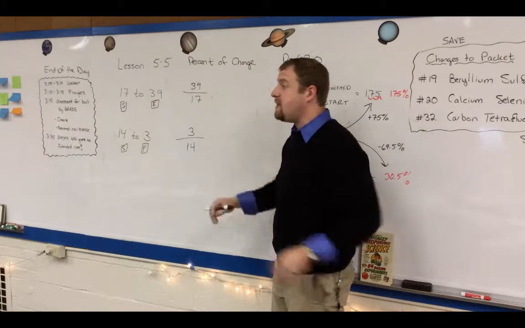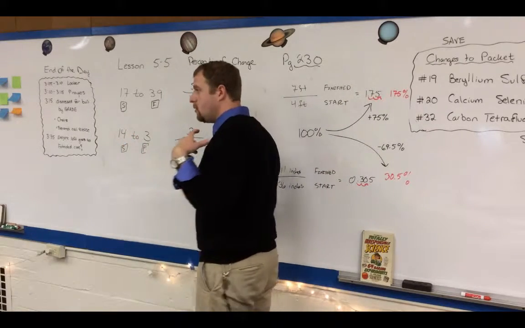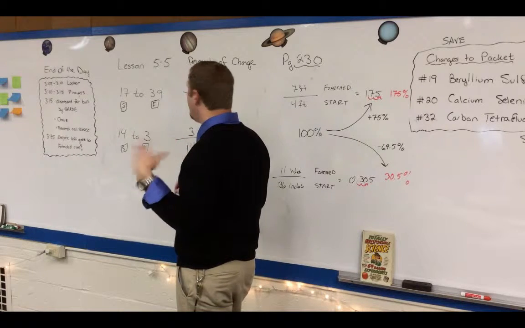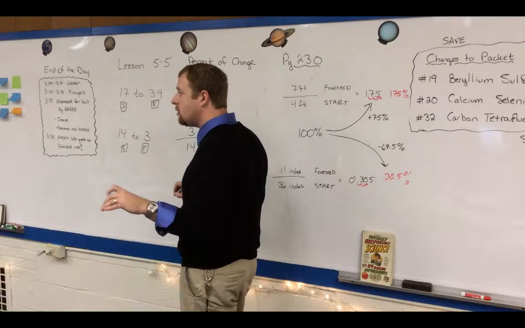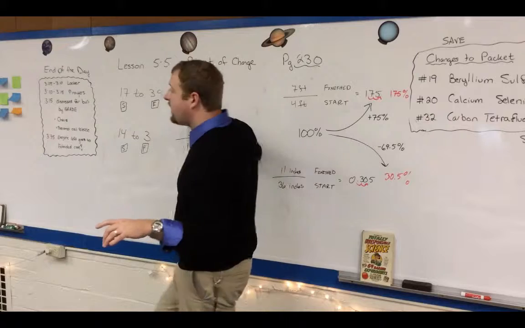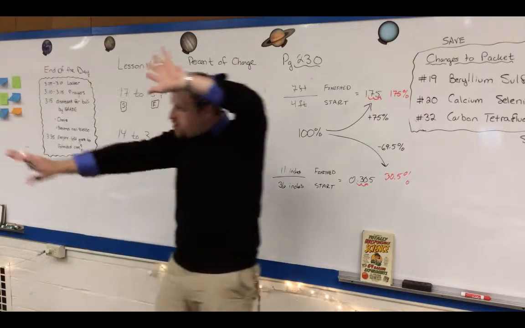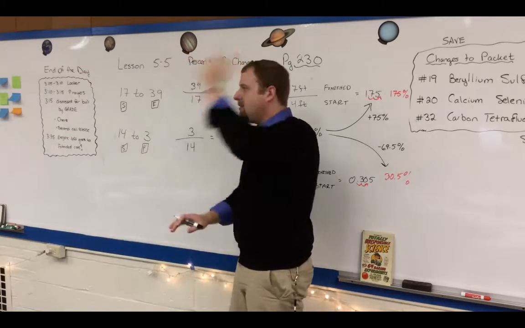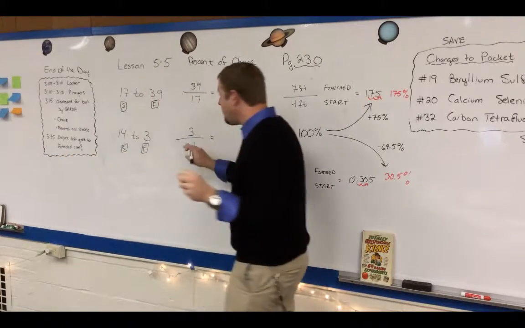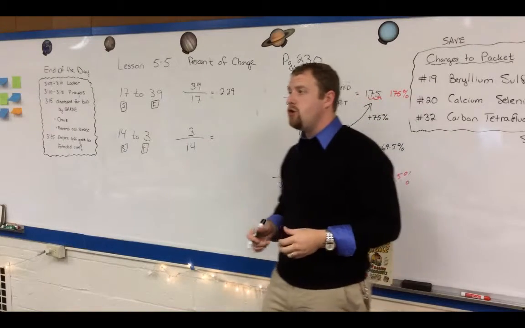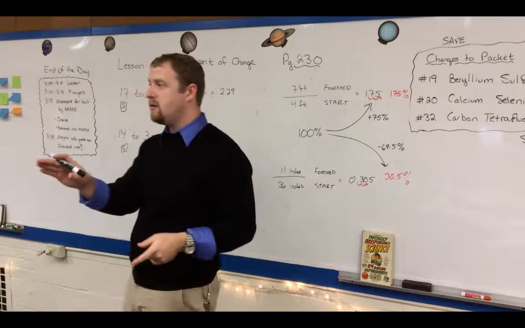Okay, 39 over 17 gives me what decimal answer? 39 divided by 17 should be close to... 2.29. That sounds about right. And down here, 3 divided by 14. It's going to be right around 0.2. What is it? 0.21.